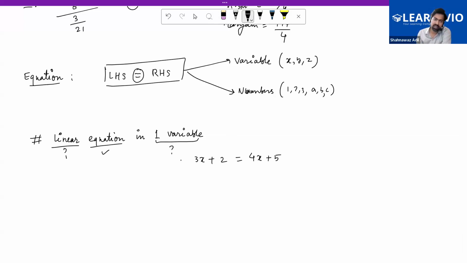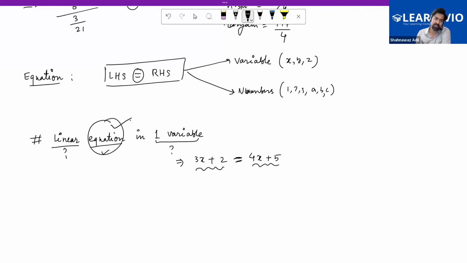This has a left hand side and a right hand side. This is an equation because it has a left hand side, right hand side, some operations, and it is related by this equality sign.